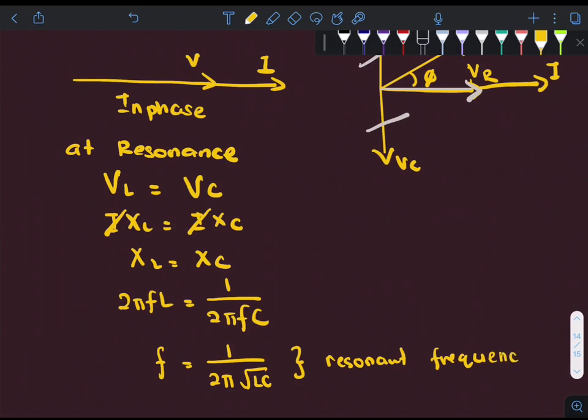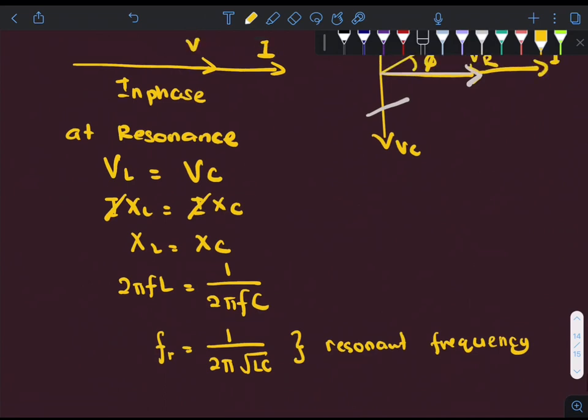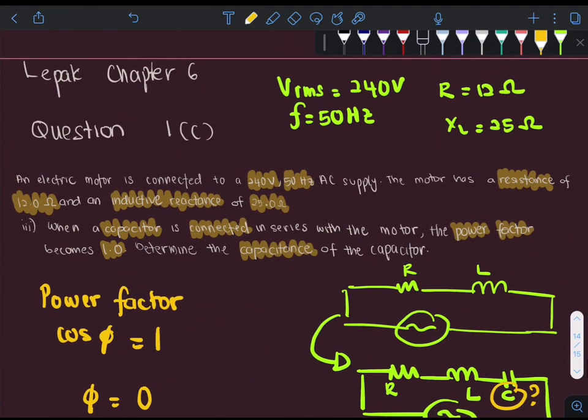Also, the equation for resonant frequency will be given in the list of formulae. So the F here is the frequency at resonance. So you have achieved a power factor equal to 1 after adding this capacitor. All the other terms in the circuit remain the same, such as your VRMS is still 240, your frequency is still 50 Hz, your resistance is still 12 ohm, and your inductive reactance is still 25 ohm.